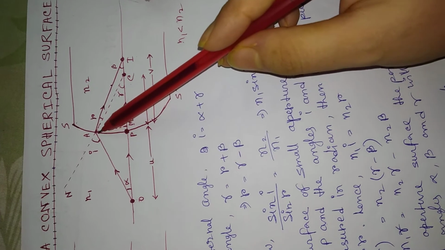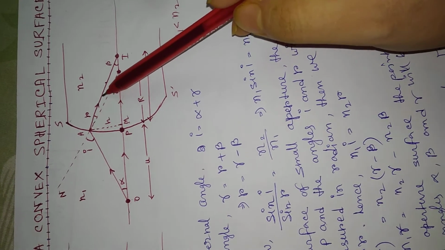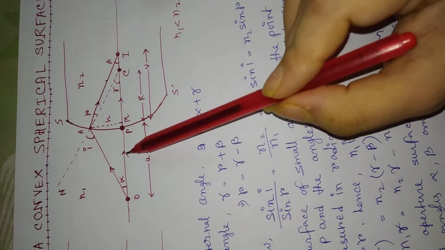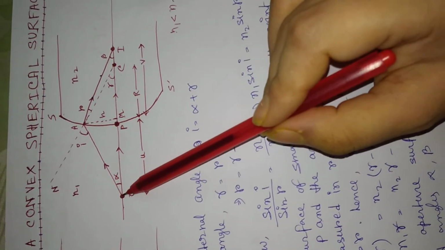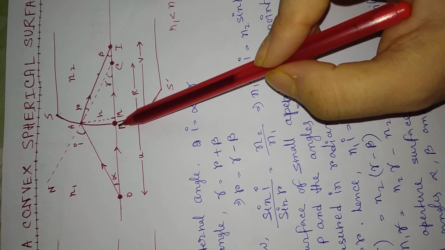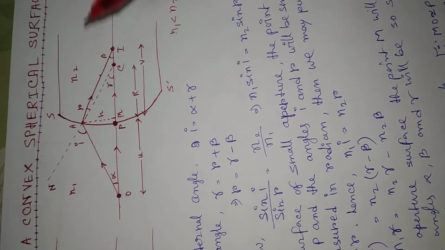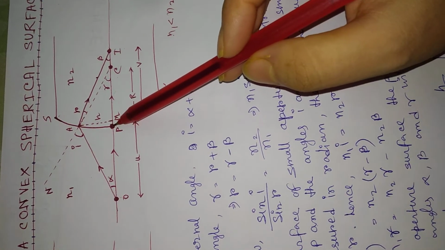So obviously the ray bends towards the normal, so the ray bends along this side. This other ray is incident on this convex spherical surface along the normal.